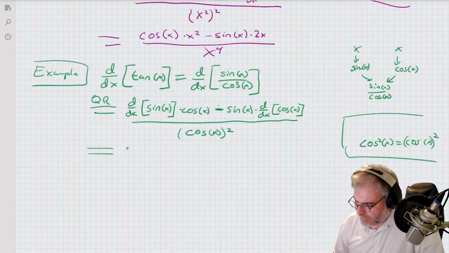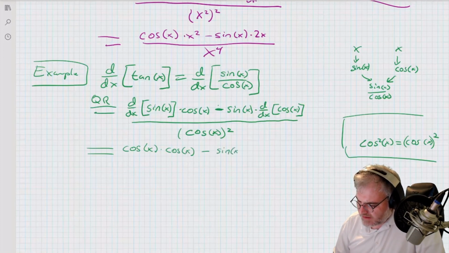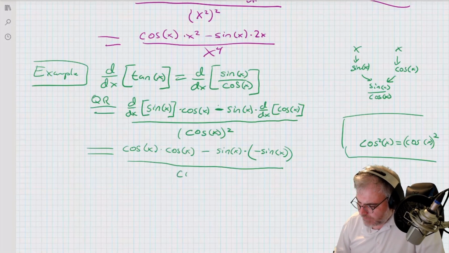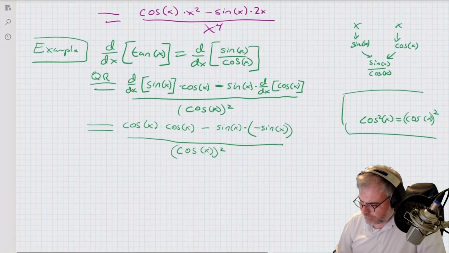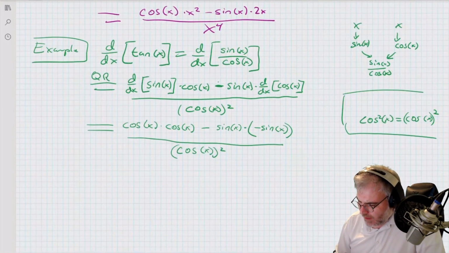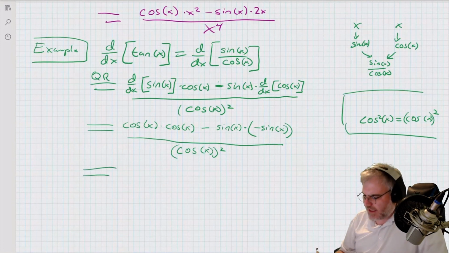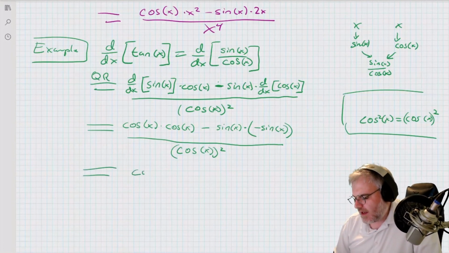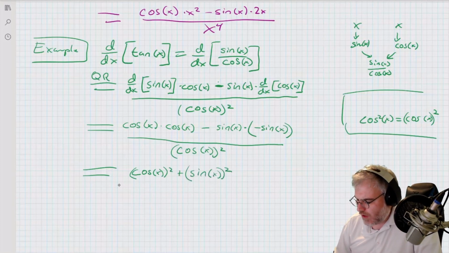So now I'm going to take these derivatives. I'm going to wind up with cosine of x times cosine of x minus sine of x times negative sine of x, still all over cosine of x squared. Okay, so now I'm done with the derivative, but I can do another thing here when I simplify. I've got cosine of x squared plus sine of x squared, and if you recall, that equals 1.